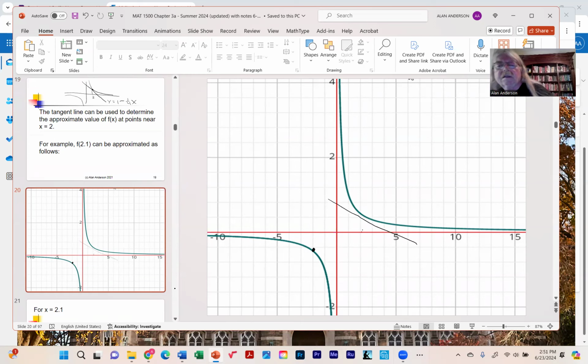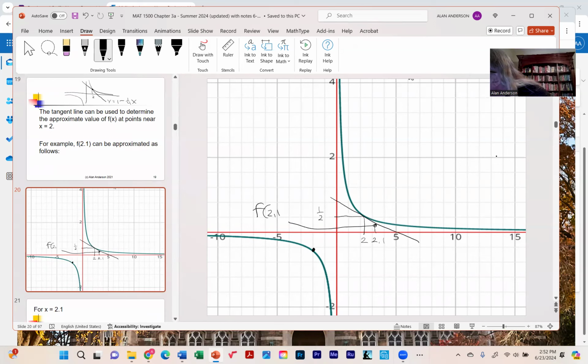It's on the tangent line. So this is our approximate value. I shouldn't write it like that. This is the approximation to f of 2.1. Whatever that number is, it's approximately what you would get from f of 2.1.